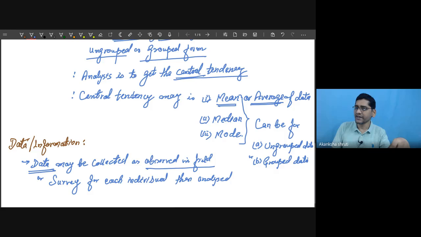Or there is another way of surveying or collecting the data, where you are asked to write the data in group form, not for the individual, but which group the individual falls in, and you write that this many are in this group. That is called grouped data. So we will see an example.